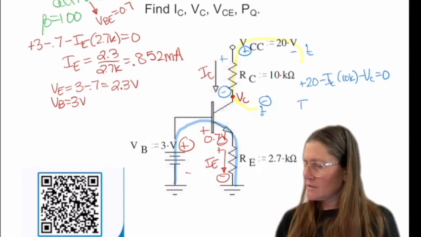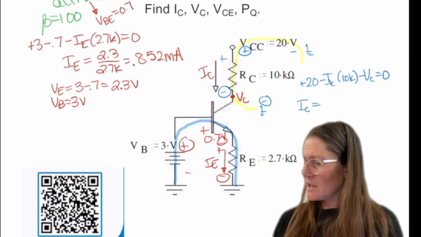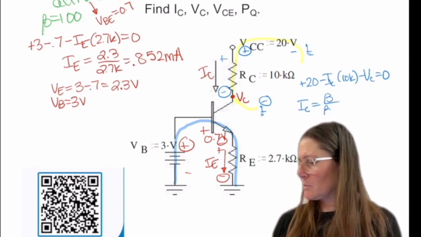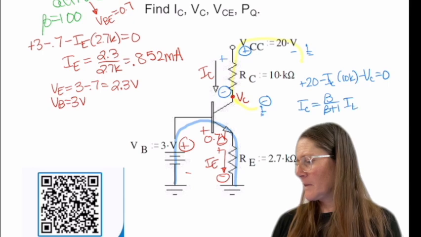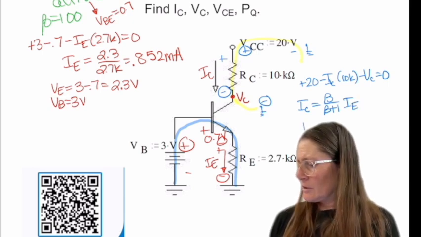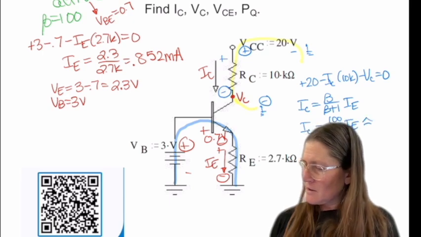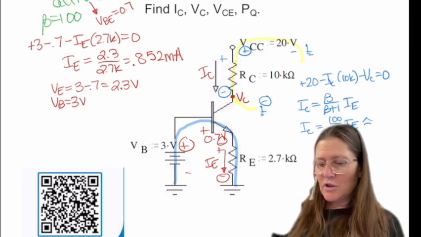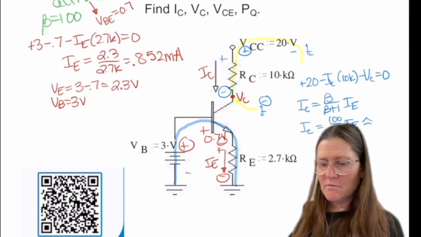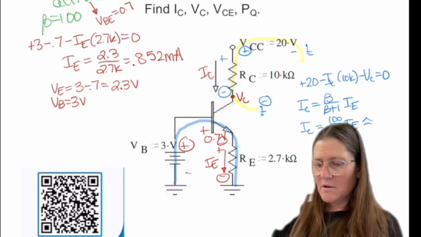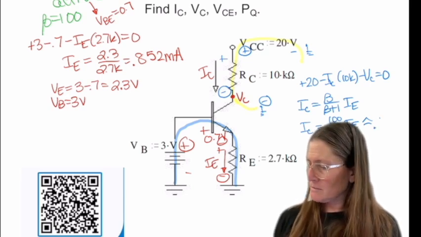And then IC is equal to IE times beta over beta plus 1. So IC will equal 100 over 101 times IE, which ends up being 0.84 milliamps.